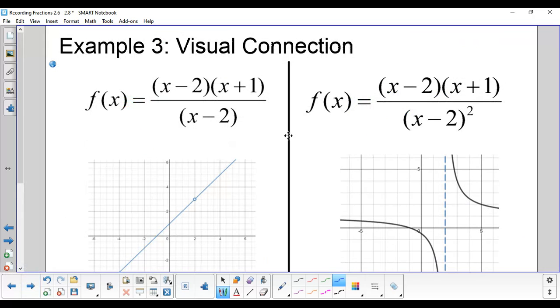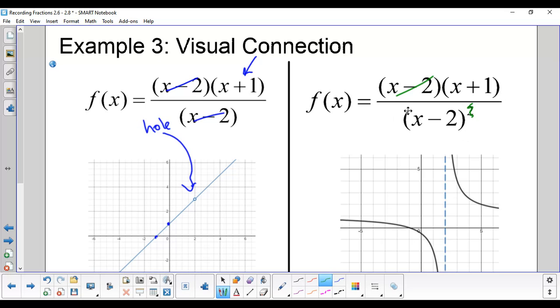So again, notice we ended up in this first problem having this show up as a hole. Now, notice that there is an opening in the graph, and the only part of the graph that we see is really the graph of x plus 1, crossing at the y-value of 1 and on the x-axis at -1. In the second equation, remember we initially thought we had a hole at x equals 2.